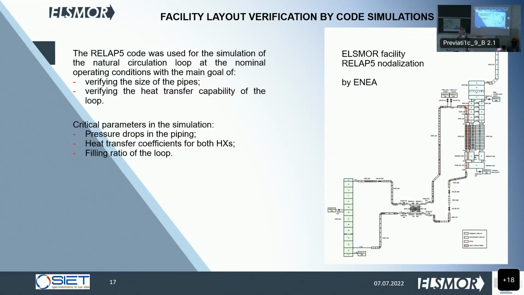Because with the size we had established at the beginning, we had too large pressure drops, and so the natural circulation didn't occur, or occurred very slowly, which was not sufficient for our goal. So these code simulations helped us to improve the design of the facility.